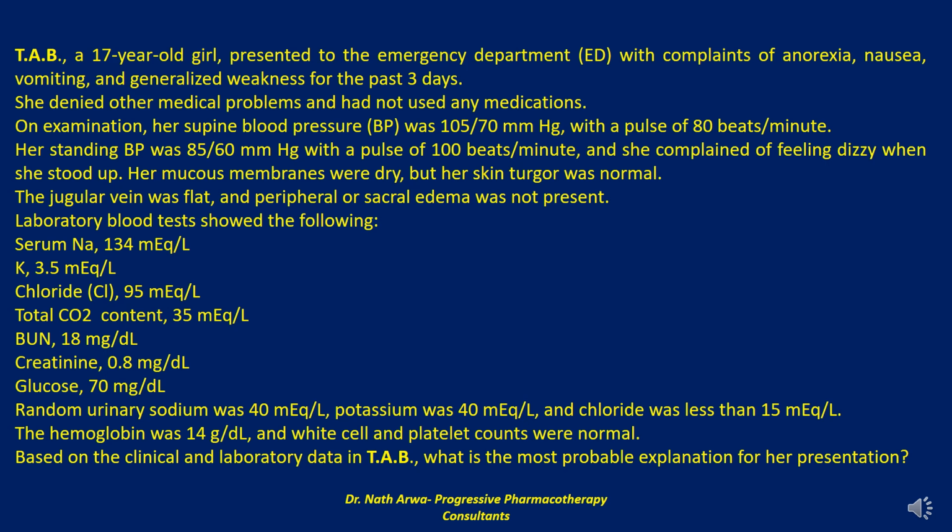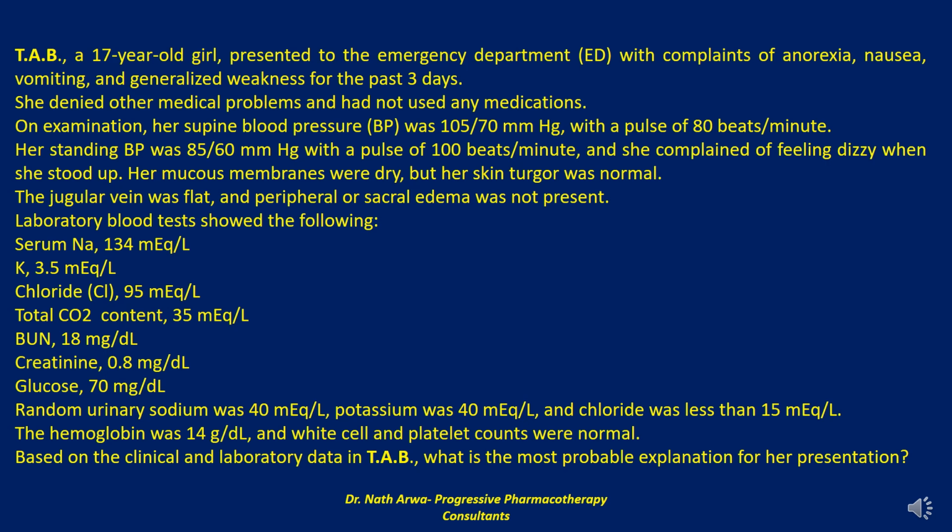Laboratory blood tests showed the following: serum sodium levels of 134 milliequivalents per liter. Potassium levels of 3.5 milliequivalents per liter. Chloride levels of 95 milliequivalents per liter. Total bicarbonate content of 35 milliequivalents per liter. A BUN of 18 mg per deciliter. A creatinine of 0.8 mg per deciliter.